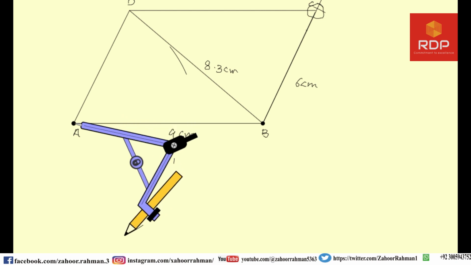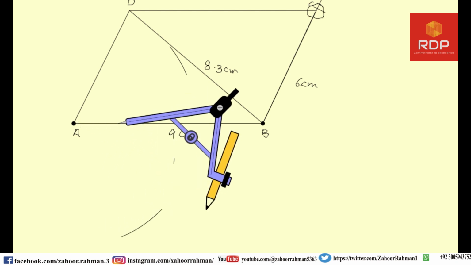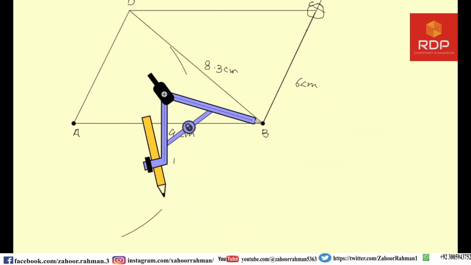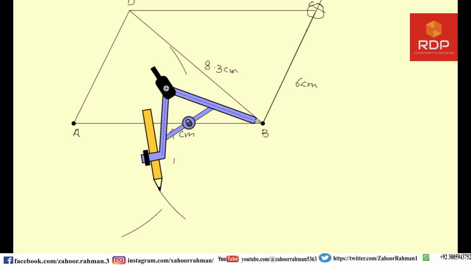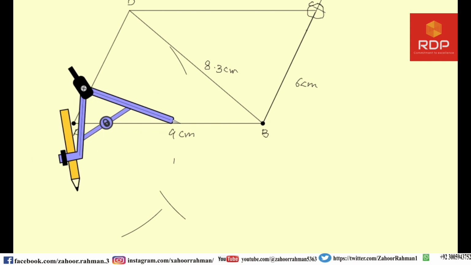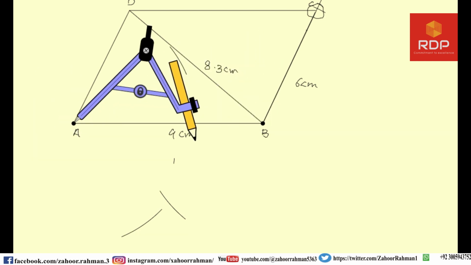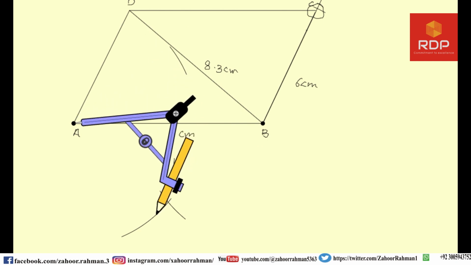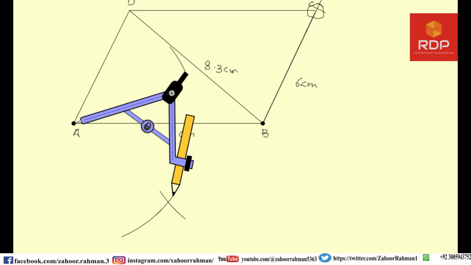Let us draw an arc, one here and one arc I am drawing here. They are not intersecting each other, so I have to increase the length of this, and that is what you have to do as well.